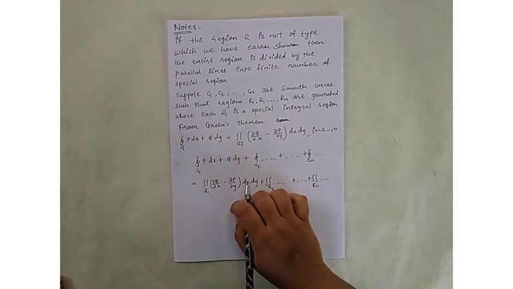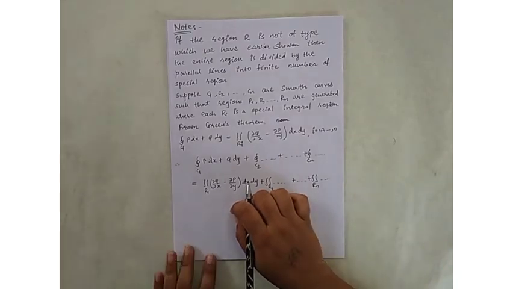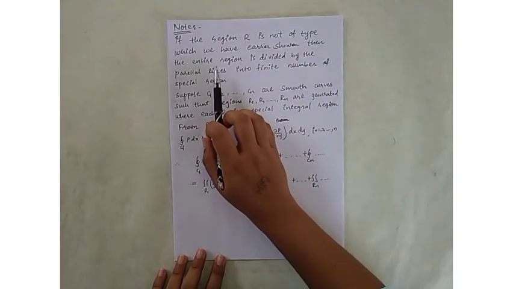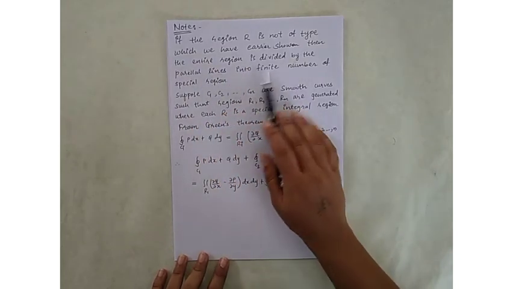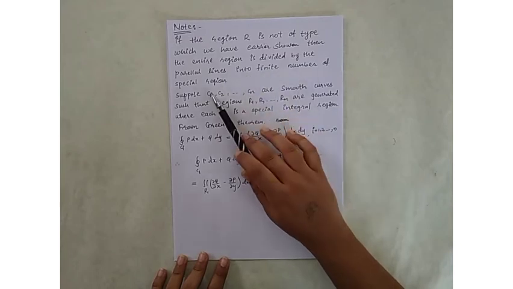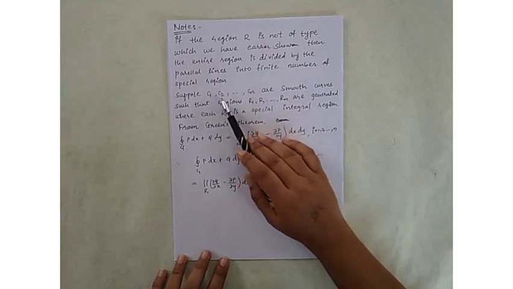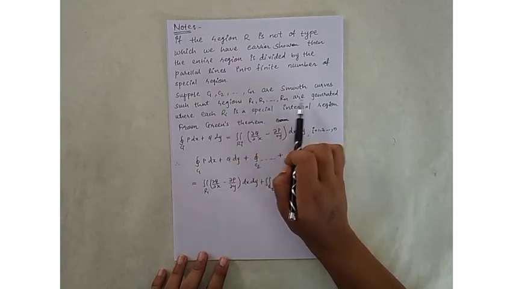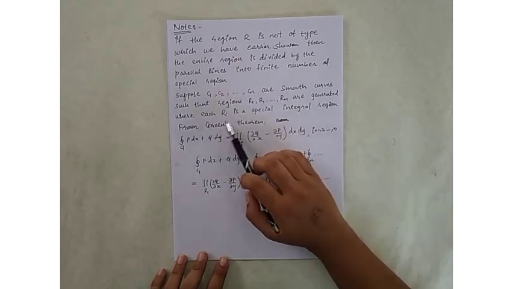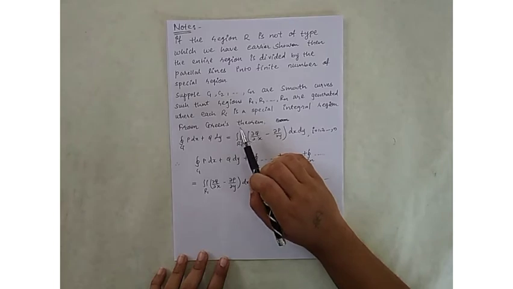So next note, if the region R is not of the type which we have shown earlier, then the entire region R is divided by parallel lines into a finite number of special regions. Suppose C1 to Cn are smooth curves such that regions R1 to Rn are generated, with each Ri a special integral region.